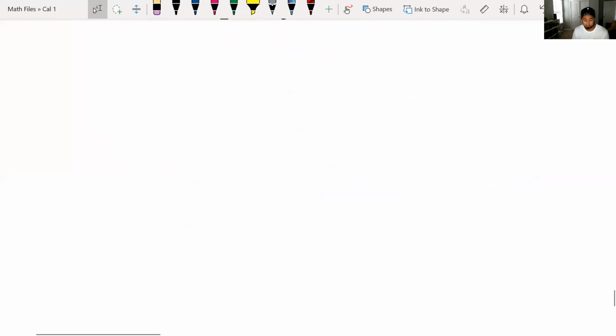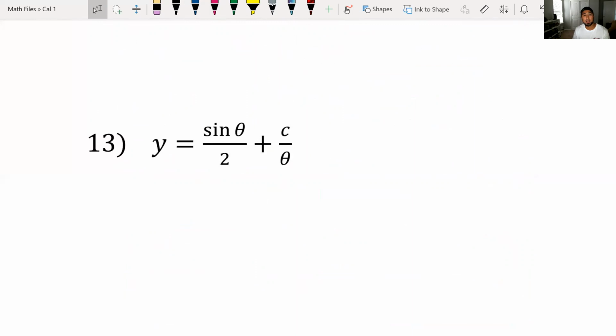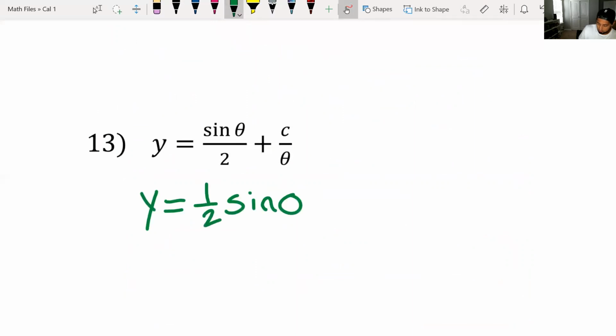Oh my goodness, that's the last one. All right, y equals sine theta over 2 plus c over theta. So let's go ahead and rewrite this algebraically to make the derivative look nicer. So I'm going to rewrite this as y equals 1/2 sine theta plus c over theta.